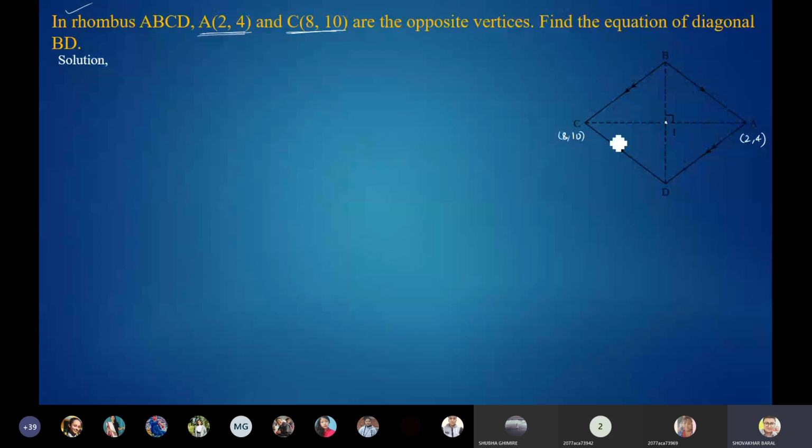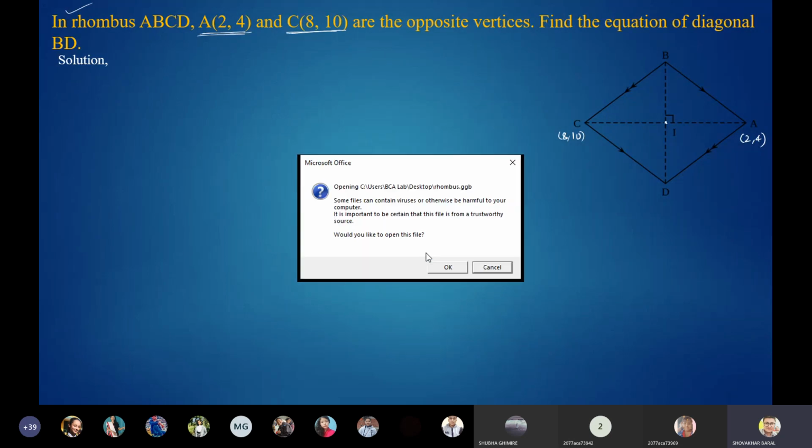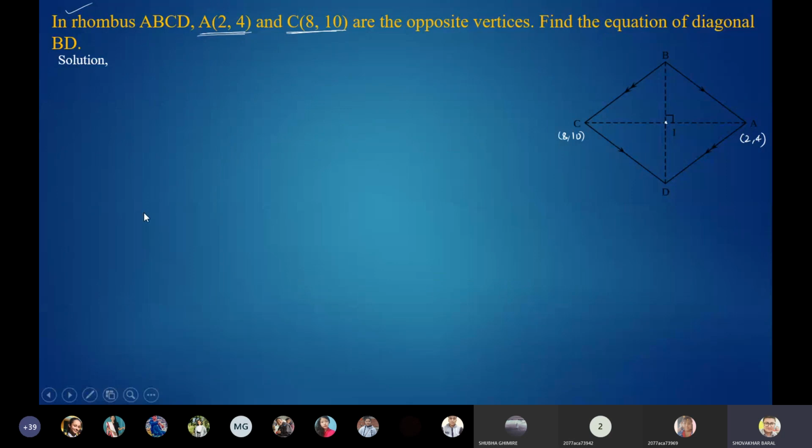Okay, so solution. Please draw this figure and we'll solve this question. Have you copied it? Please let me know if you have not copied. I'll continue here. So let ABCD be a rhombus with diagonals AC and BD.